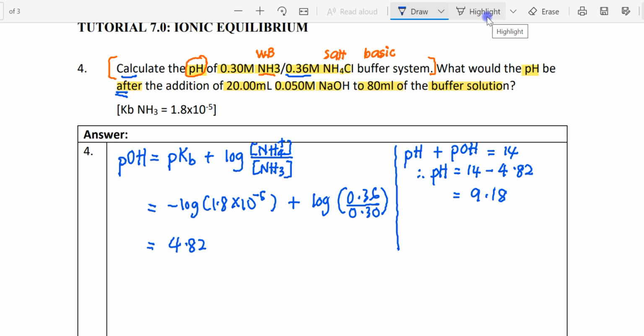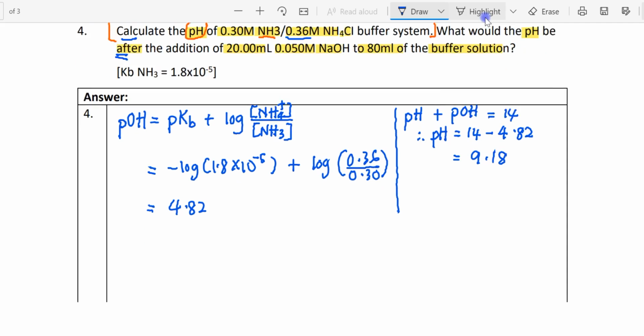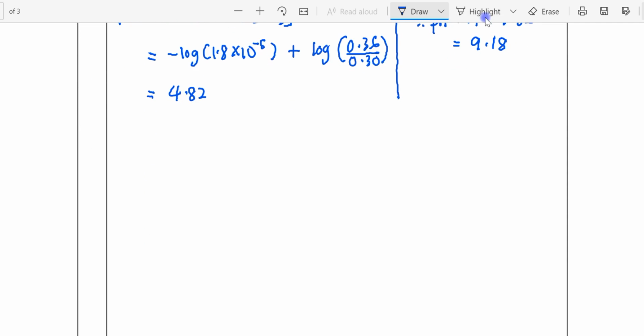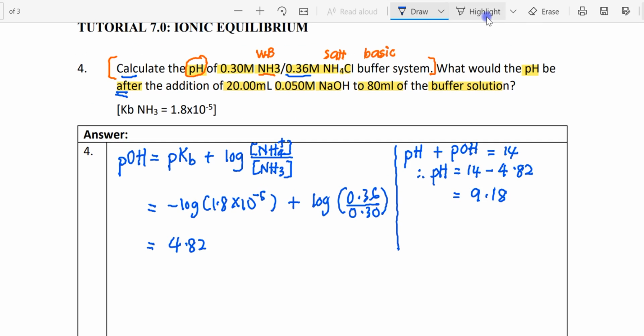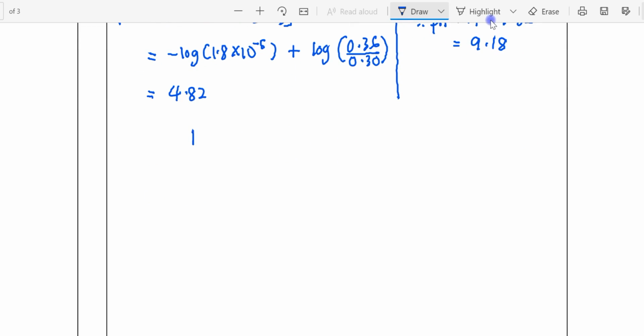First of all, what should we do? We have to solve this problem by using an ICE table. Write the equation first. The equation here is for the added OH minus ion from the strong base. It will react with the conjugate acid, so we get it like this.